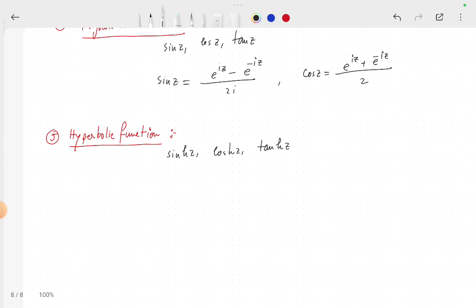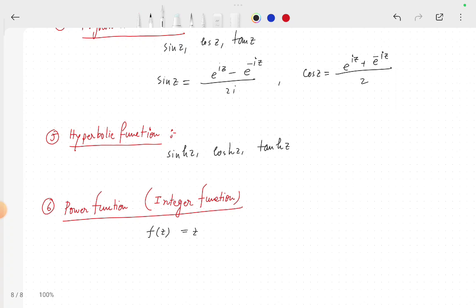Okay, and one thing you remember, the power functions, integer power, very very important here. Power functions, but it should be integer power. That means f of z equals z to the power n, where n should be an integer.